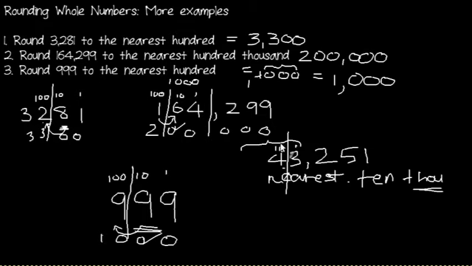And we look at that digit there. 3 is less than 5, so this stays as the 4, and we're left with 4, and just fill the rest in with zeros. 40,000. So 43,251 to the nearest 10,000 is just 40,000. And that's really all there is to it.